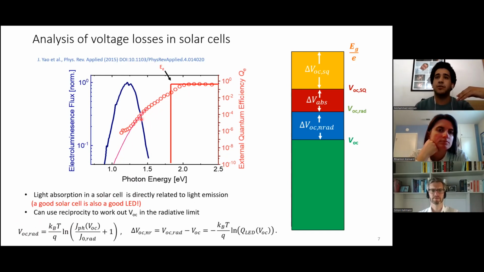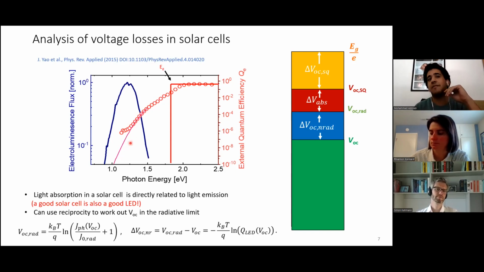The dotted line is the EQE that we measure for an organic solar cell, and the pink line is an extension where we use electroluminescence to extend the EQE based on the reciprocity principle, because we need the EQE over several orders of magnitude to get a reliable value for VOC rad.